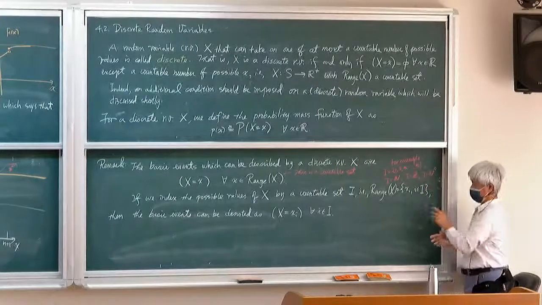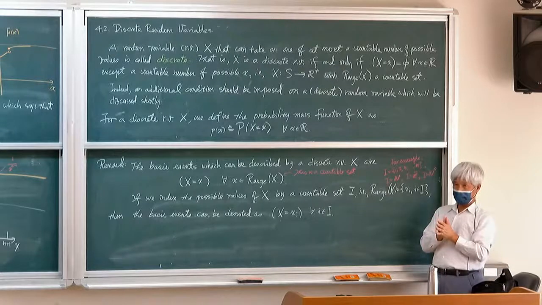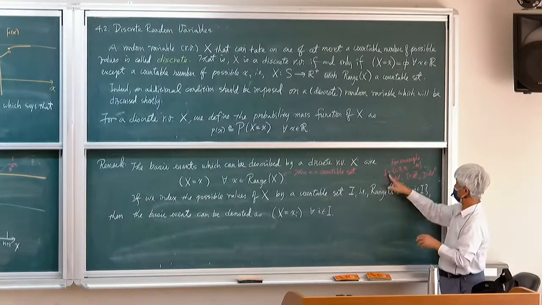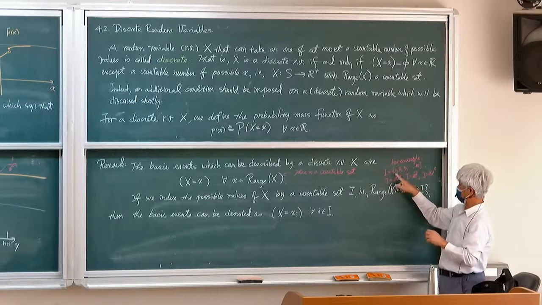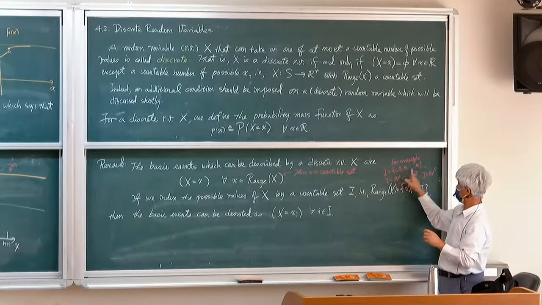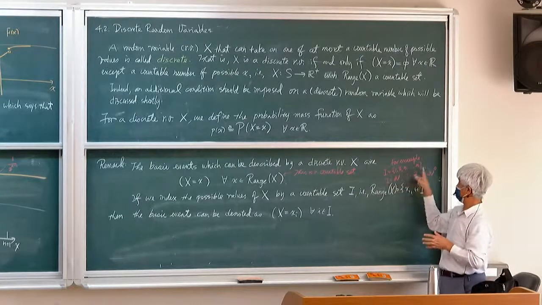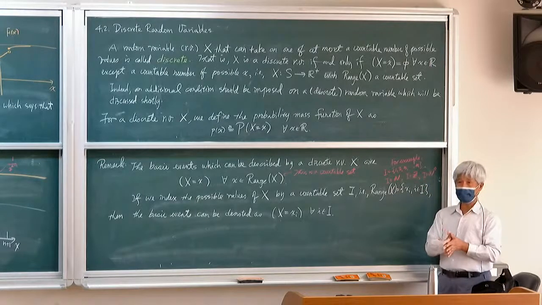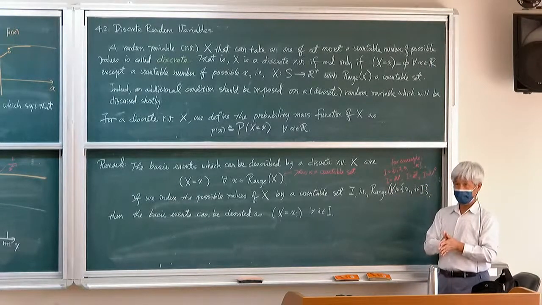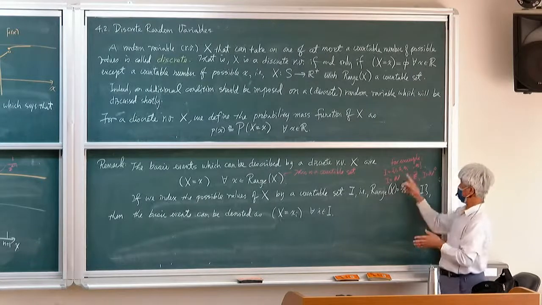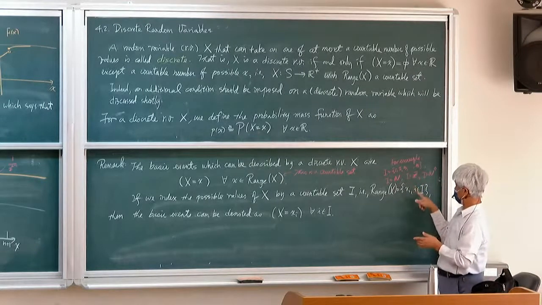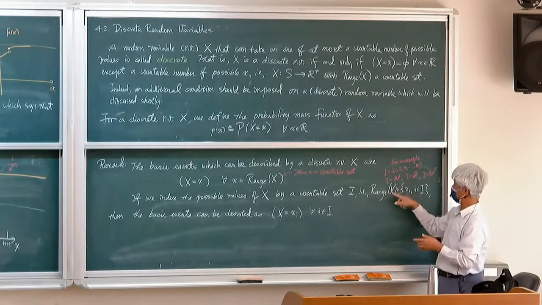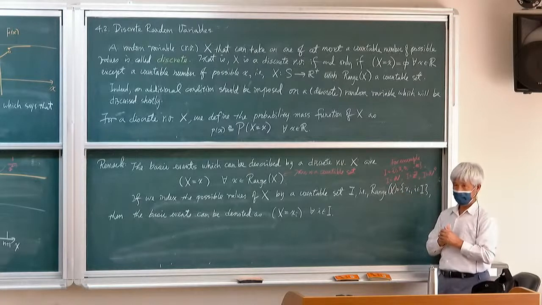Or I can be all whole numbers starting from 0: 0, 1, 2, 3, etc. Or I is just the set 1, 2, 3 up to n. All these are countable sets, so they can be used to index the possible values of a discrete random variable.